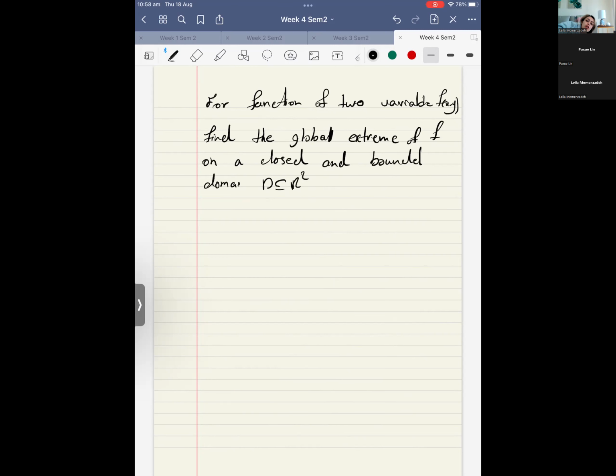You know, we should check the boundaries to find the global maximum or global minimum. First step, look for the critical points. Second step, look at the boundary.